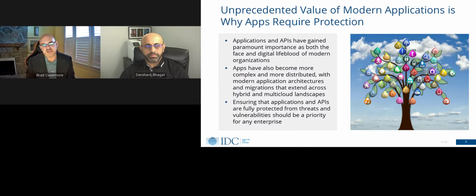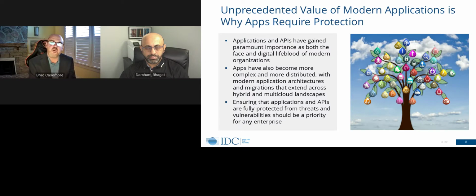They're where transactions occur, where user engagements take place. That's why we talk about digital experience. Applications have gained a primacy that they didn't have in the client-server world. And this is why you really have to think about your protection profile and your protection stance for these applications.